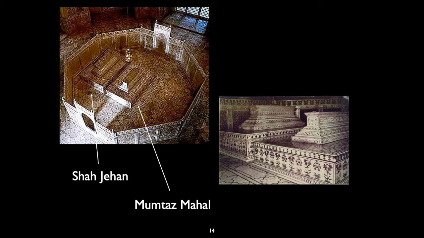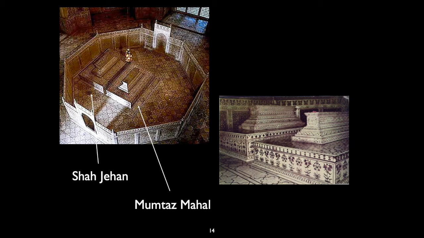To understand this arrangement, you must think of the history of this extraordinary building. Shah Jahan planned this tomb for Mumtaz Mahal, and so he set her tomb in the center.